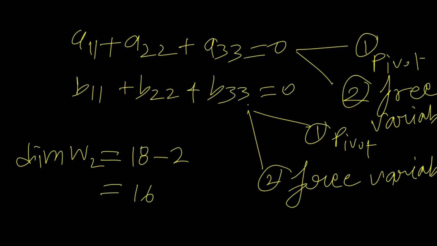For the free variables, A11 and B11 can be found with the help of A22 plus A33 and B22 plus B33. You can get A22 and A33, then you get A11. So we subtract A11 and B11 from the dimension, so the dimension of W2 is 16.